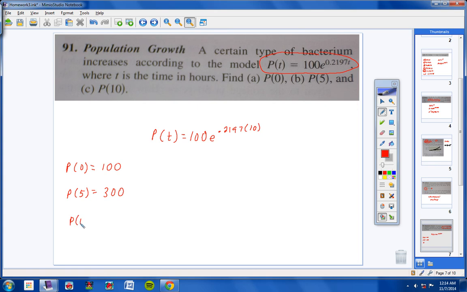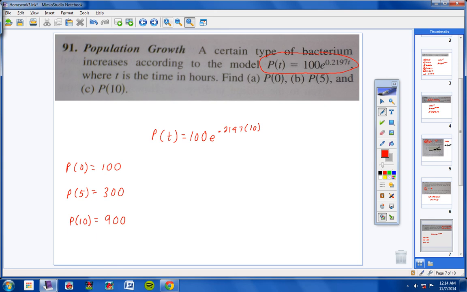P of 10 would be 900. Okay? So there we go. Just simply taking an exponential function and learning how to substitute numbers into the function and get out an output. Put numbers in for your input and then get out numbers for your output.